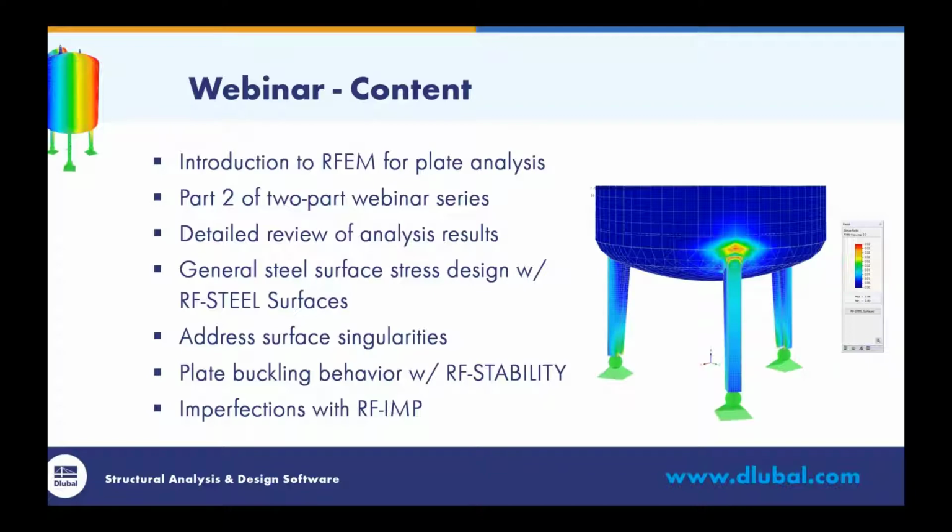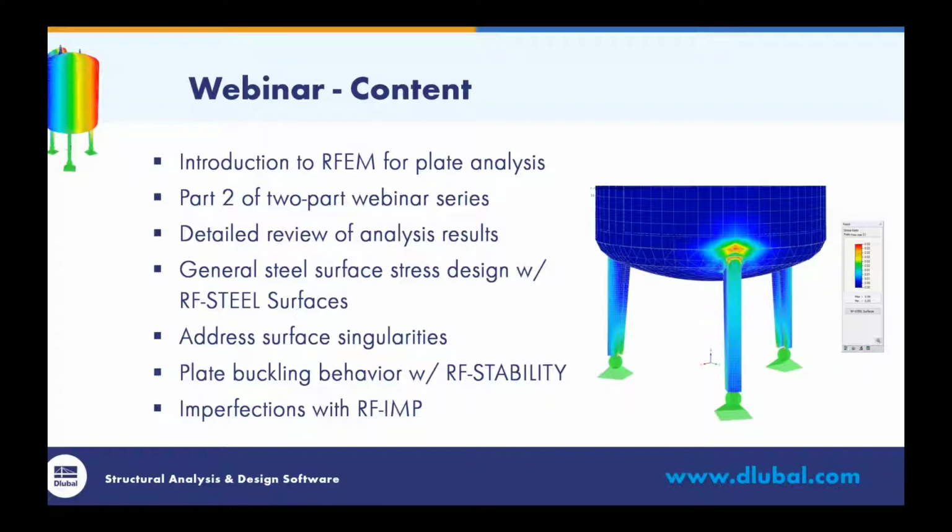We also applied loads to the structure and set up our load combinations per the ASCE 7, but we did not run any of the analysis or calculation portion, which is what we'll be doing today. So we'll be taking a detailed review of these analysis results. Then I want to get into one of our add-on modules within the main program RFEM called RF-STEEL Surfaces.